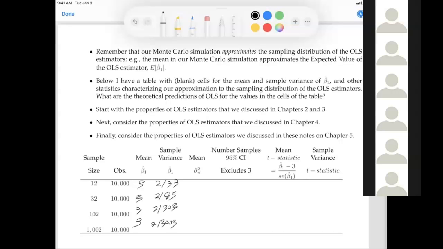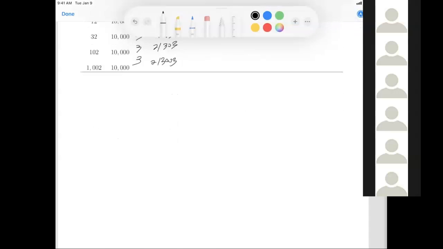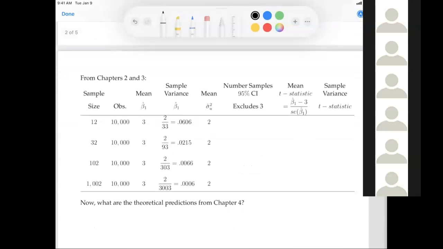It's 2. I'll give you that. All right. So I did the arithmetic in here, so you can see the numerical values of the variance and how it changes. And that is all that we can say based upon the results from chapters 2 and 3.